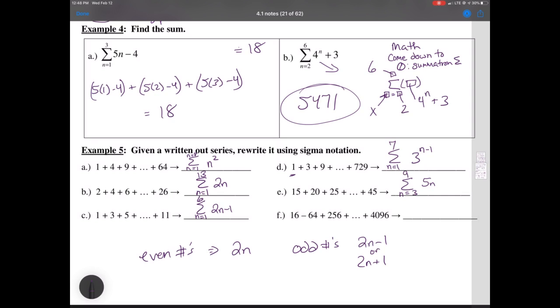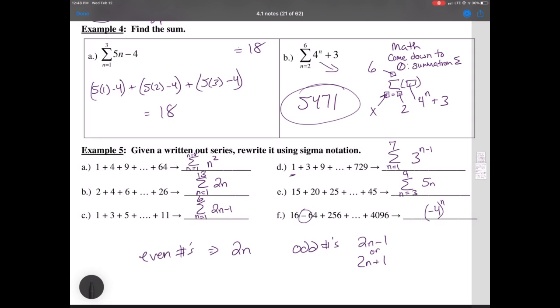And finally, example F, 16, 64, 256. What are these multiples of? They're 4 to some power. So we'll say 4 to the n. But notice something is happening. The signs are going to be changing. They're going to be alternating. So we have to make sure that we account for that.